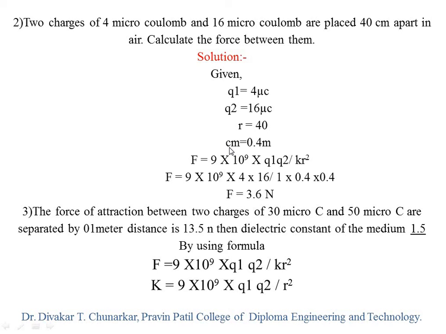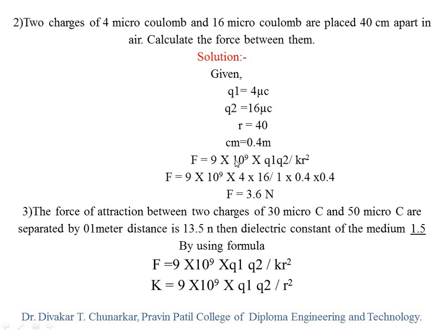So in this numerical problem, we are given charge 1 and charge 2, that is Q1 and Q2. Q1 equal to 4 microcoulomb and Q2 equal to 16 microcoulomb. Then R, the distance, is 40 centimeter, which we have to convert to meter.